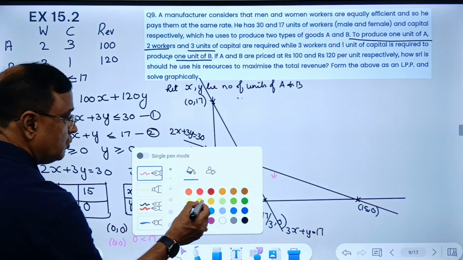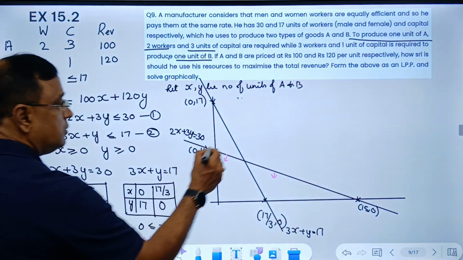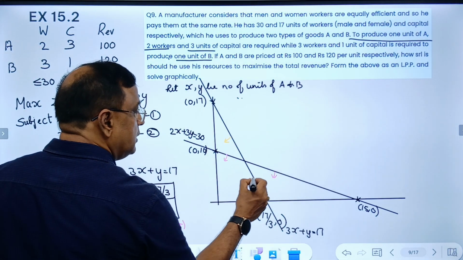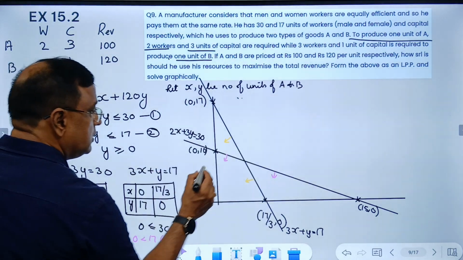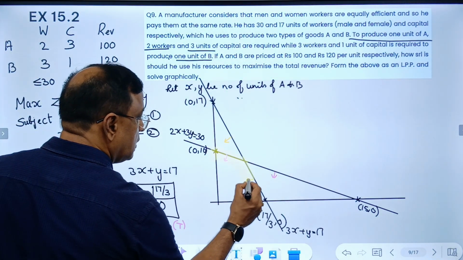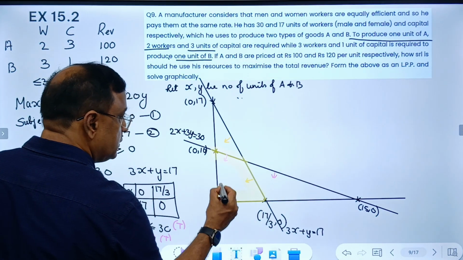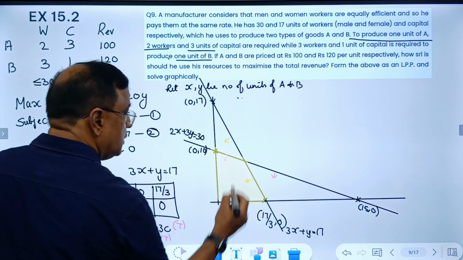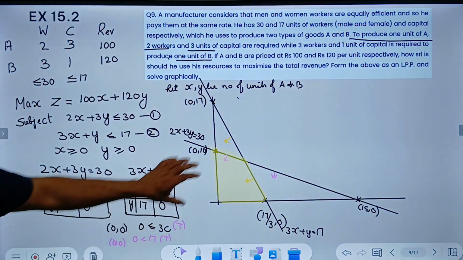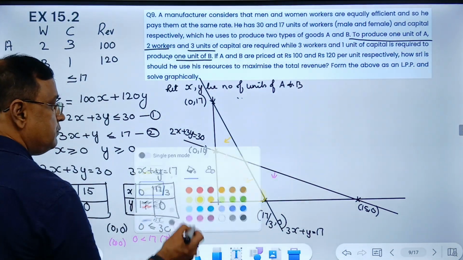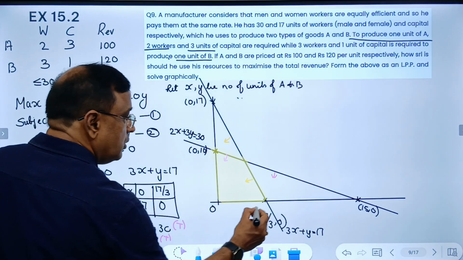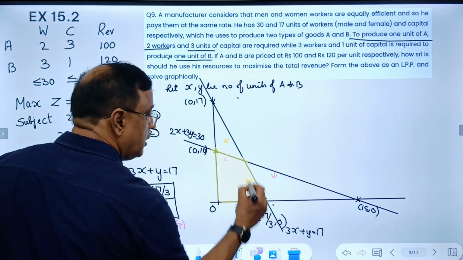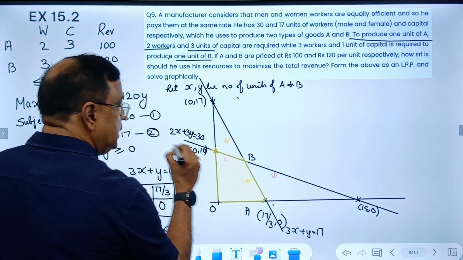So it is again towards origin. So where do you see the intersection? The intersection is seen here, right? So this is the feasible region. That's some shading problem. O, A, B, C is the feasible region.